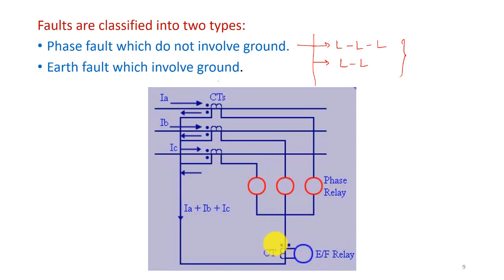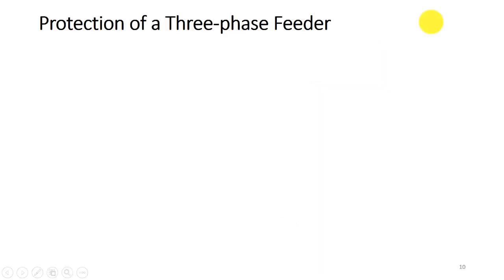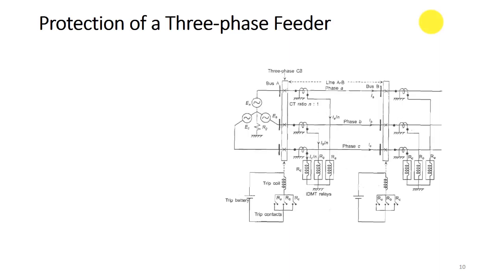When there is an earth fault, the current flows through this ground wire, which is kind of a neutral wire, and if an overcurrent relay is here, your relay will trip and give the trip command to the circuit breaker.